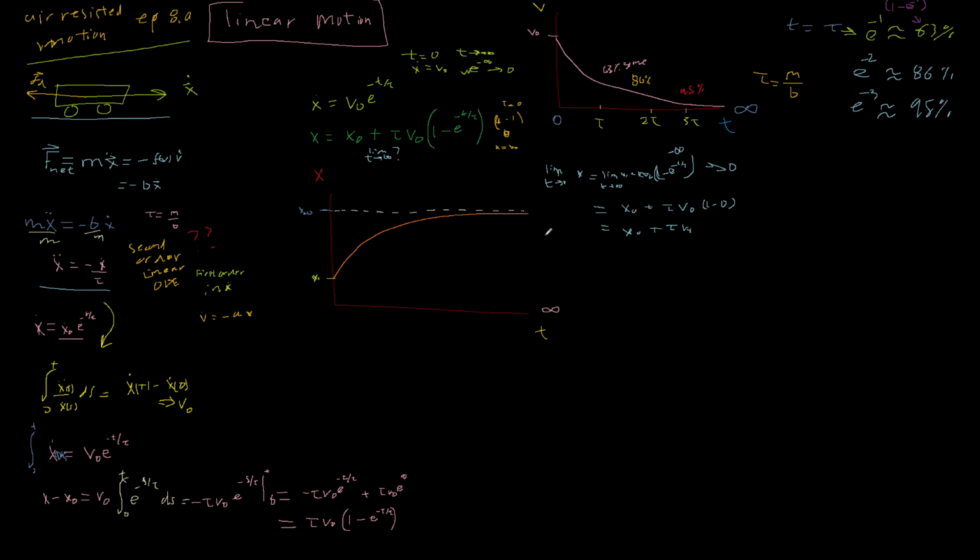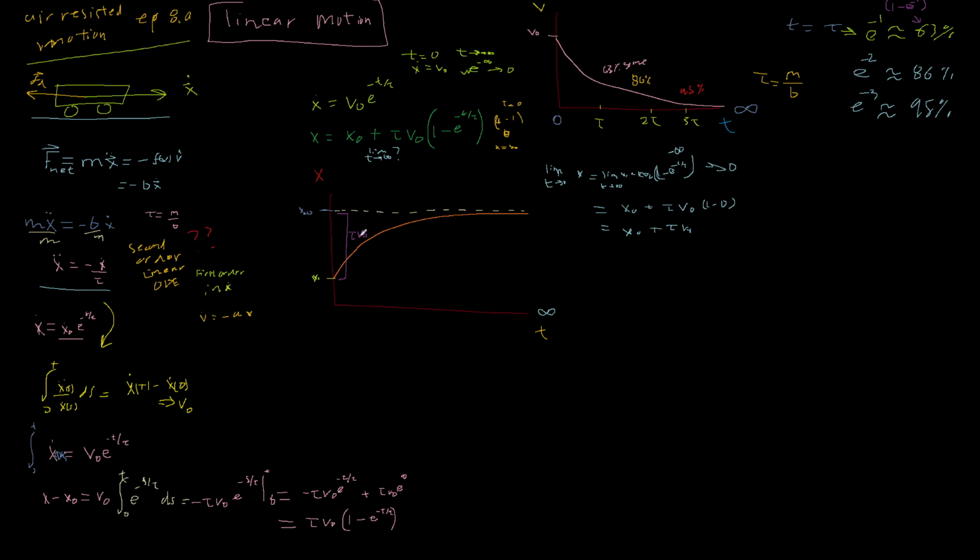And one more thing to mention is that this distance, I'm going to pick a better color that I haven't used before, so let me write that there. This distance here is equal to tau v naught.